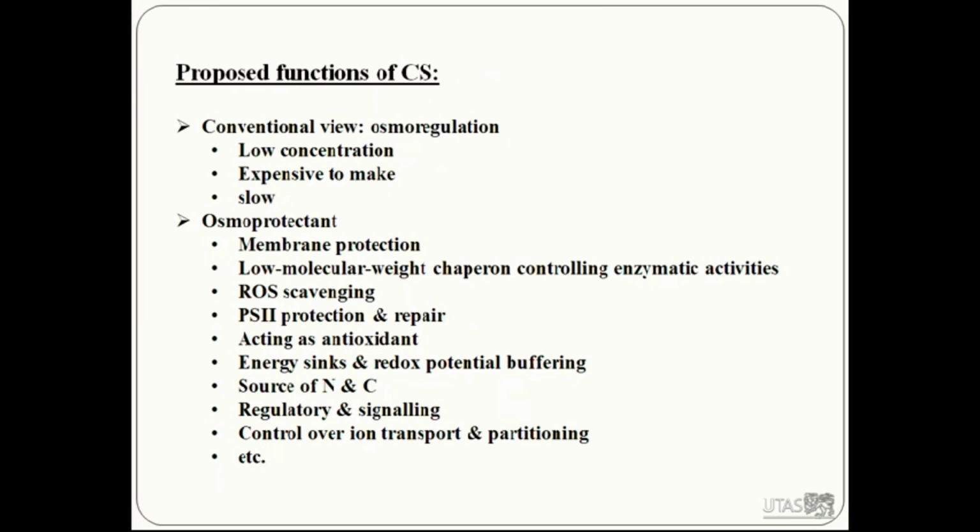Important in membrane protection, they act as chaperones and oxygen radical scavengers, which is the prime suspect in my work, as well as many other functions as listed here. In saying so, we are still on the journey of discovering the specific roles each compatible solute has, and how they do it at the intracellular level, which ends up helping the stressed plants.